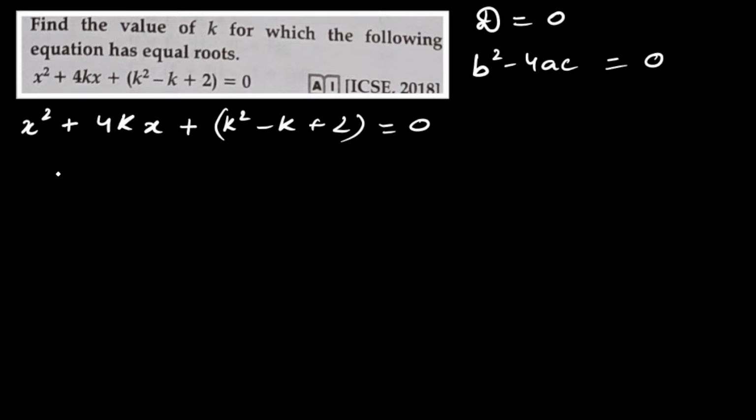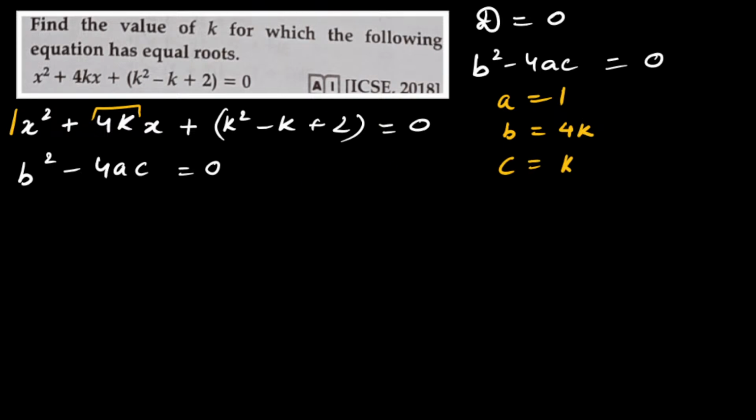So we have to equate b square minus 4ac with 0 and find the value of k. So let's write down the values of a, b and c. Here a is the coefficient of x square, so a is equals to 1. b is the coefficient of x, so b is equals to 4k, and c is the constant term. So here the constant term is k square minus k plus 2.